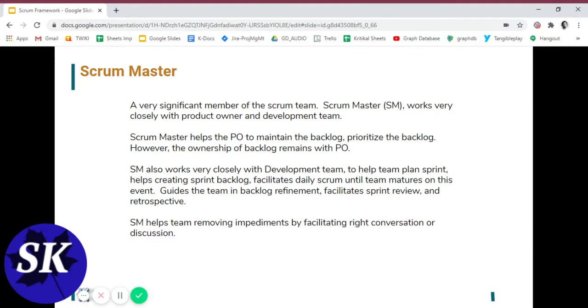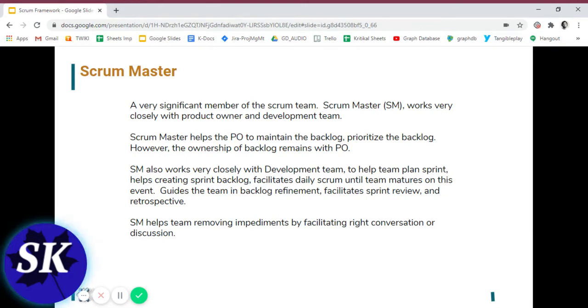is one of the roles of the Scrum Master. Then ensuring that the team follows, or engages in, the Scrum ceremonies, Scrum events, like the daily scrum, in other words, the daily stand up.